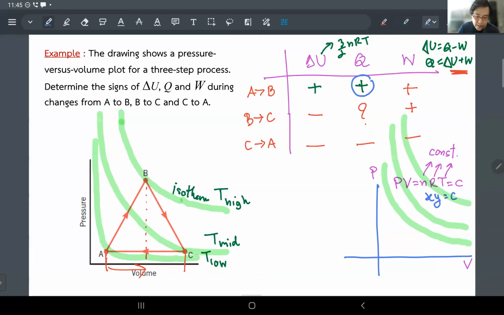It means during this process from A to B, there is a heat flow into the gas. So from A to B, the gas is expanding. There is a heat flow into the gas. At the end of this process, the energy of the gas is higher because you have a positive change of the internal energy. See, this is the whole thing that you can use to analyze what is going on with the gas. All right.